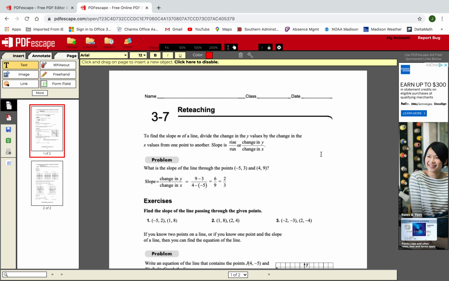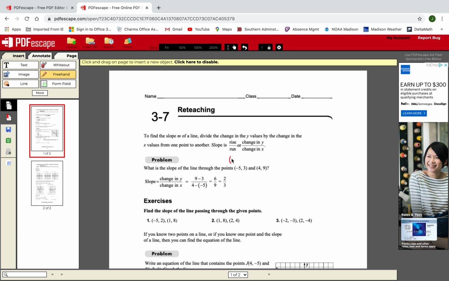It's running. Okay? So the problem says, what is the slope of the line through points -5, 3, and 4, 9? So we need to remember that these coordinates are in the form x, y. And if there are 2 points, that's where they get x1, y1, and x2, y2.